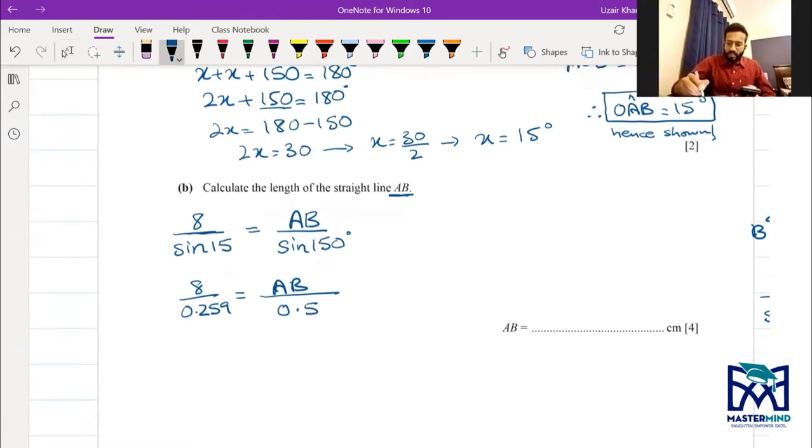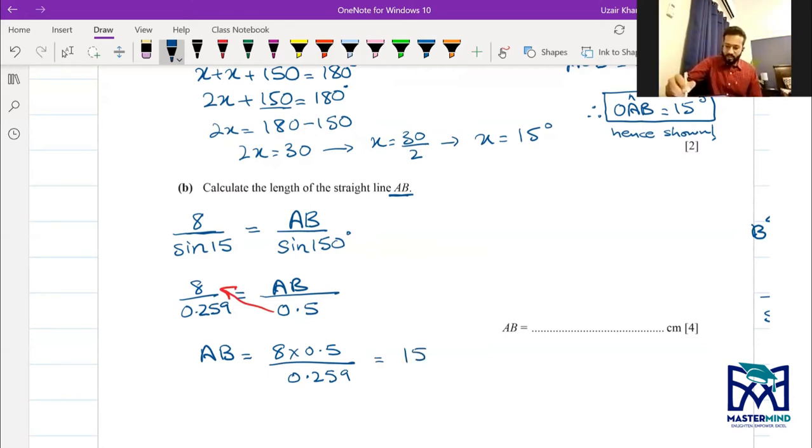So in order to find AB, I'm simply going to shift 0.5, which was being divided by the length AB, to the other side in order to multiply it. And using the calculator, you can easily find the length of AB, which turns out to be 15.44.